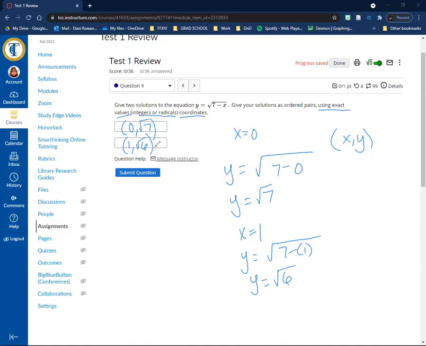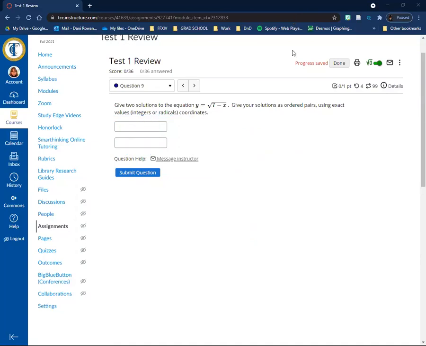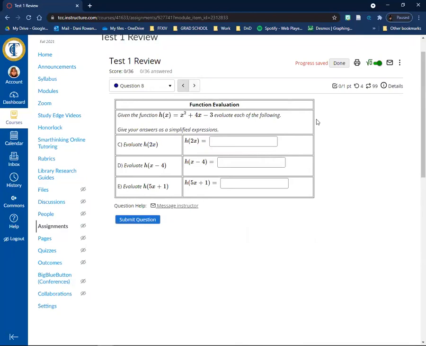Any other questions on this one? Okay, let's go ahead and look back real quick. Let's do this one. We're given a function and you have to evaluate the following: h of 2x, h of x minus 4, and h of 5x plus 1.